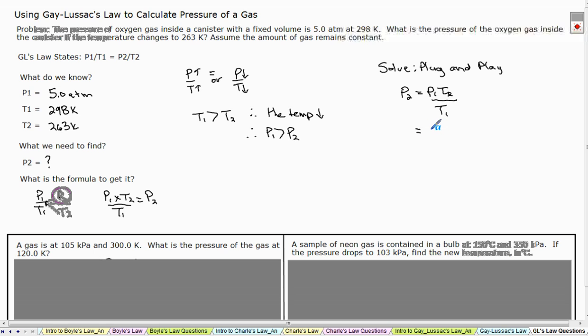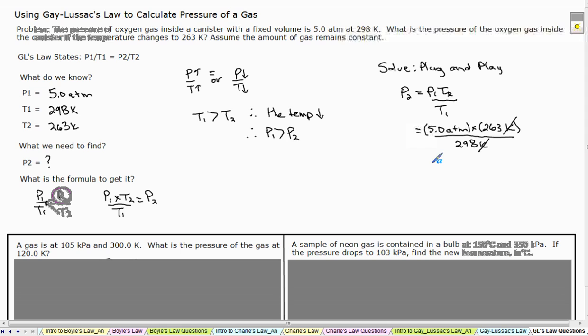Input our values. So initial pressure is 5.0 atm times my final temperature, which is 263 Kelvin, and my initial temperature is 298 Kelvin. Notice that my two temperatures will cancel out, and I'll be left with atmospheric units.